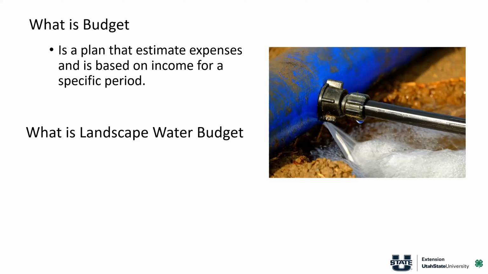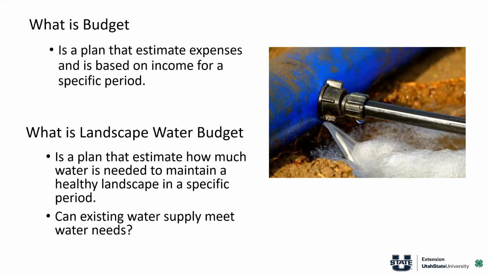It's very similar. It is the plan that estimates how much water is needed to maintain a healthy landscape in a specific period of time. So how many gallons of water are needed to maintain our landscape? We reference it to how much water we actually have, or plan to apply in the landscape, and that gives us the landscape water budget or landscape water need.